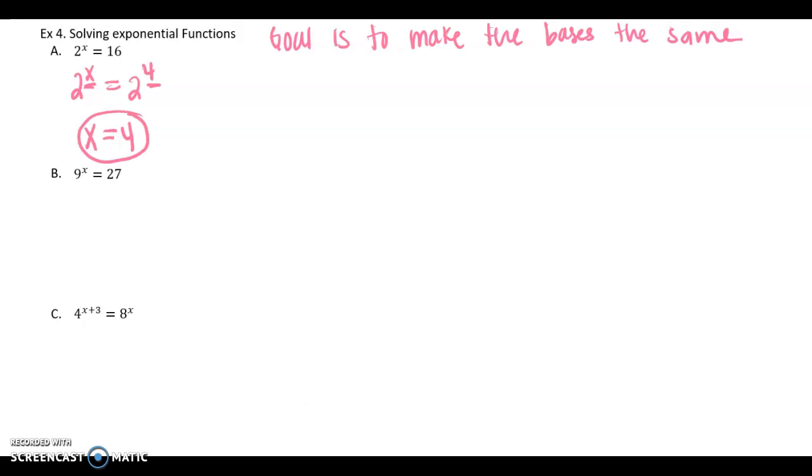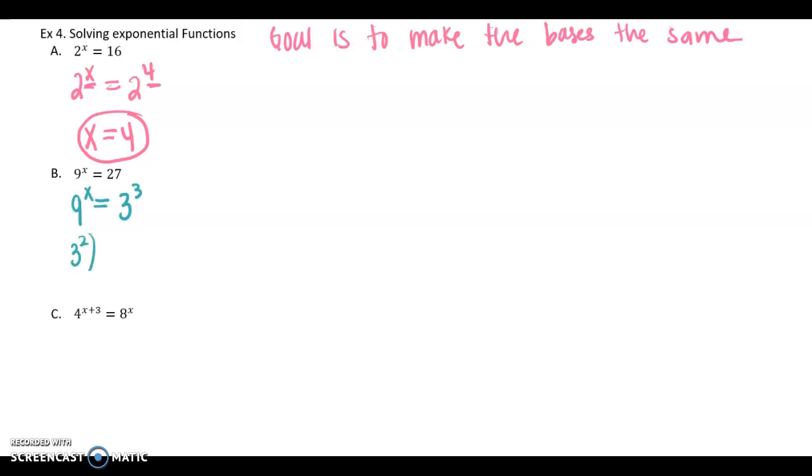Alright, so the next one, you have 9^x and then 27. So I could rewrite 27 as 3 to the 3rd power. Well, can I write 9 as a base of 3? Yeah, I could rewrite 9 as 3 squared.